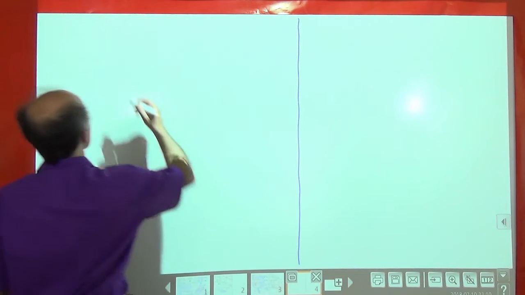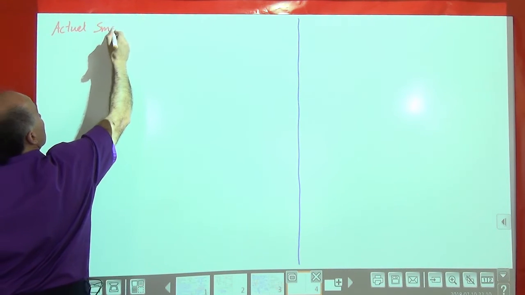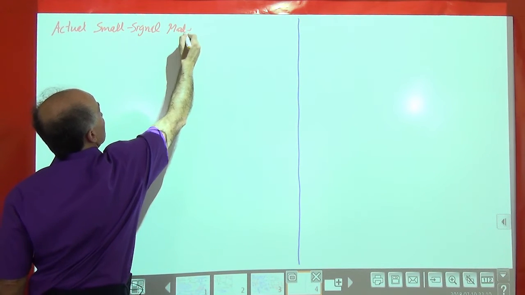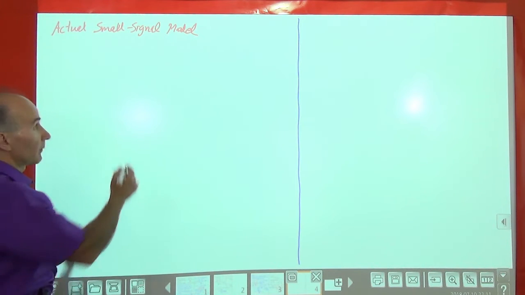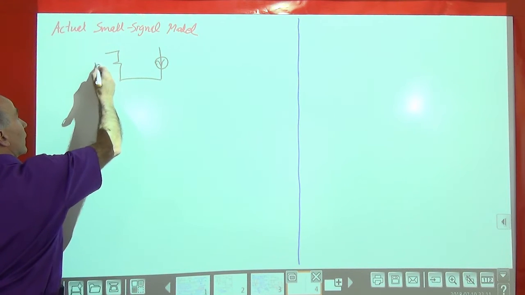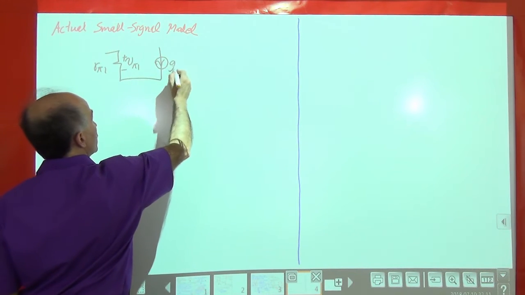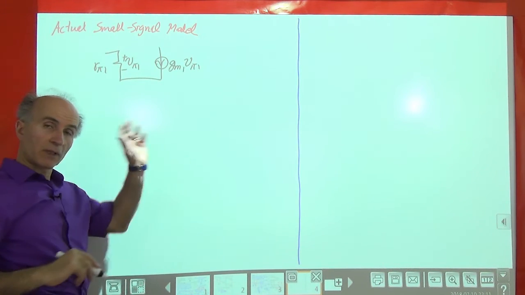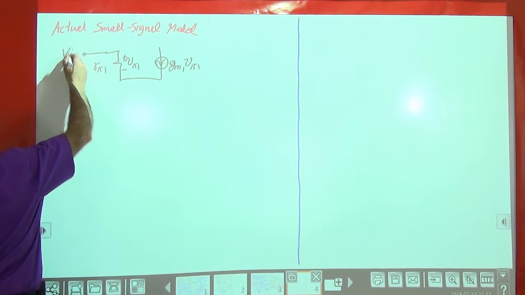And so here's the actual small signal model. So, if you remember, for every bipolar transistor we have R pi 1, and this voltage called V pi 1, and this is GM1 V pi 1. That's the transistor on the left, receiving a small signal voltage we call V in 1.